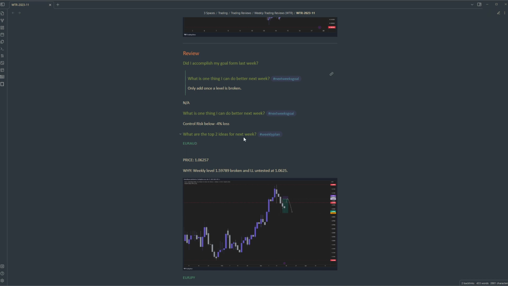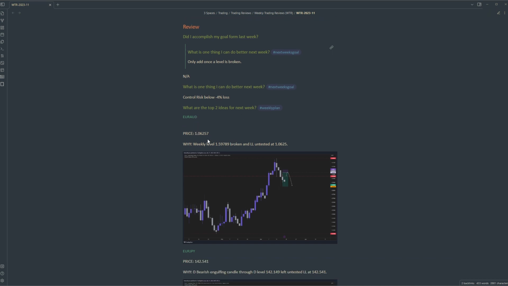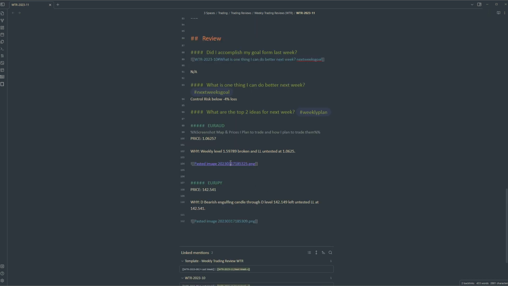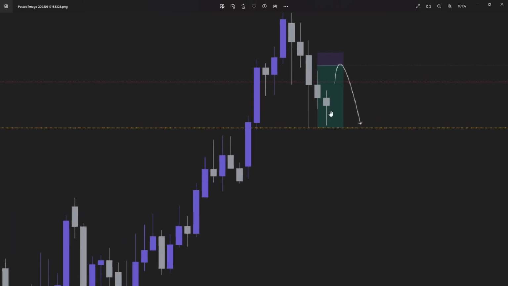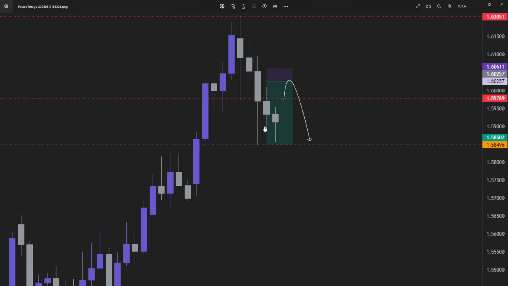What are the top two ideas for next week? Got Euro AUD looking for a sell, and we're going to go ahead and bring this up since it is kind of off here. So price broke through this weekly level, and I'm looking for price to come back up and test 1.6025, and then come back down to the daily level.